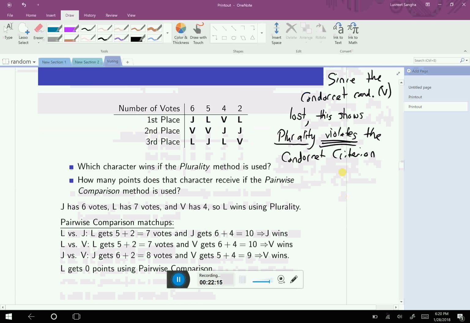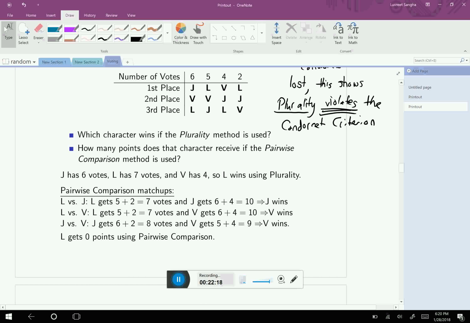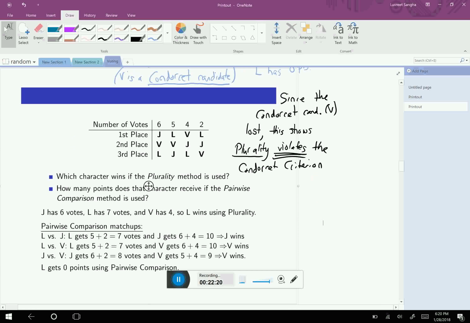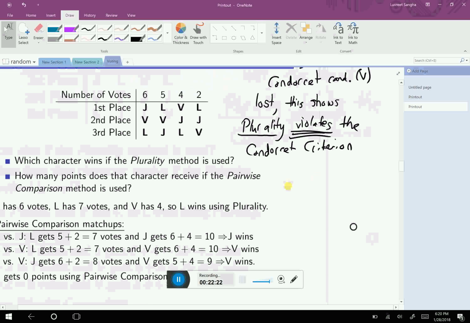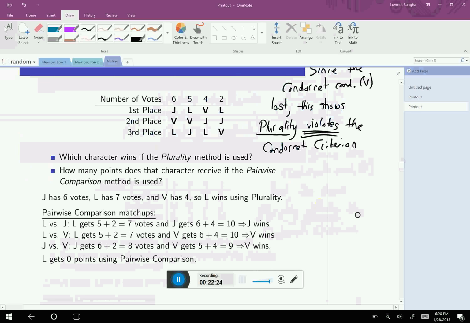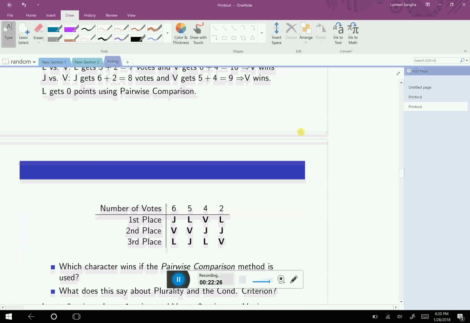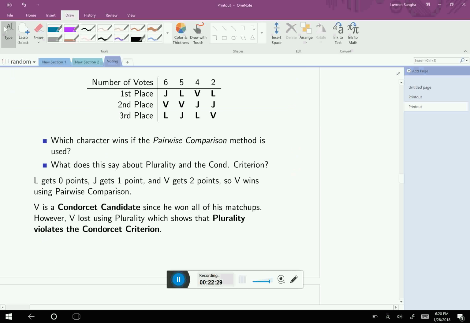Alright. Okay, so the following couple slides have that stuff that we just wrote down worked out. Alright. Yeah, so we just showed that plurality violates the Condorcet criterion.